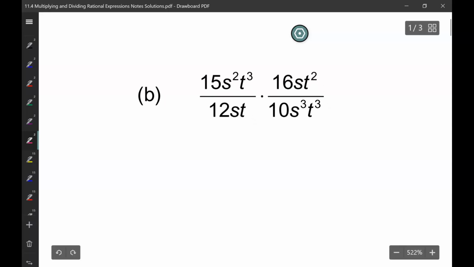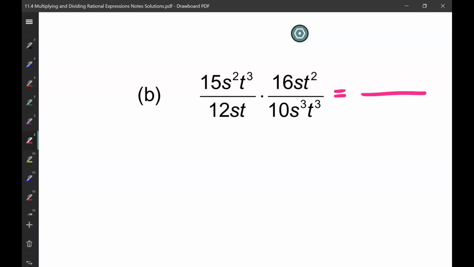So when we look at the next example, I am looking for either multiplying everything straight across and then simplifying, or looking to cross cancel things out. Because we have a lot going on in this one, I actually might try to just multiply the numerator out and then the denominator. So if I have 15 times 16, that's 240. Again, if you want to try the other method, that's fine.